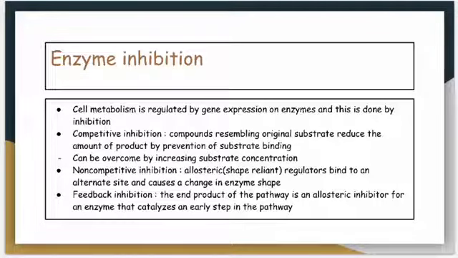And the other kind of inhibition is non-competitive inhibition, also known as allosteric. That means that it depends on the shape, and regulators bind to an alternative site and cause a change in enzyme shape. You should also know about feedback inhibition, where the end product of the pathway is an allosteric inhibitor for an enzyme that catalyzes an early step in the pathway.